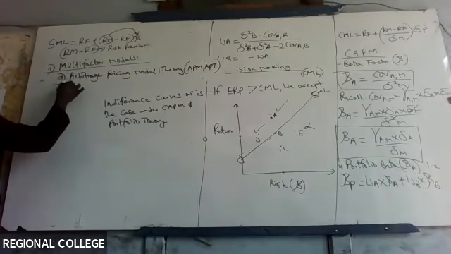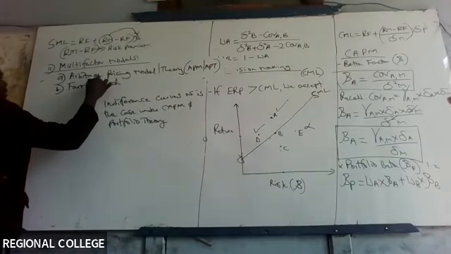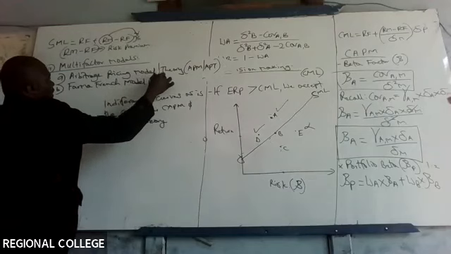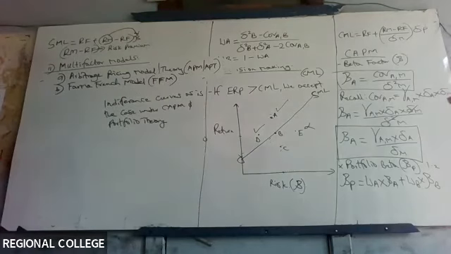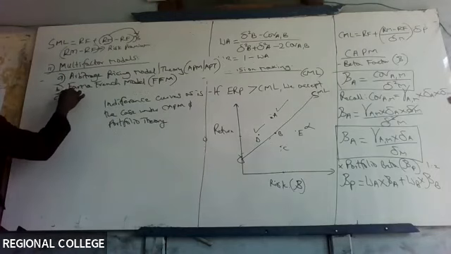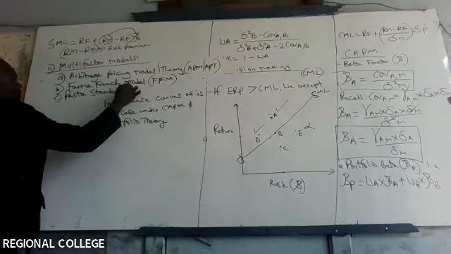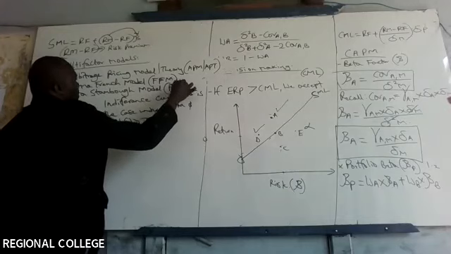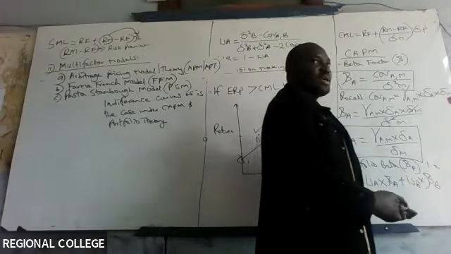Number B, we have the Fama-French model, that is FFM. And number C, we have the Pastor-Stambaugh model, PSN.